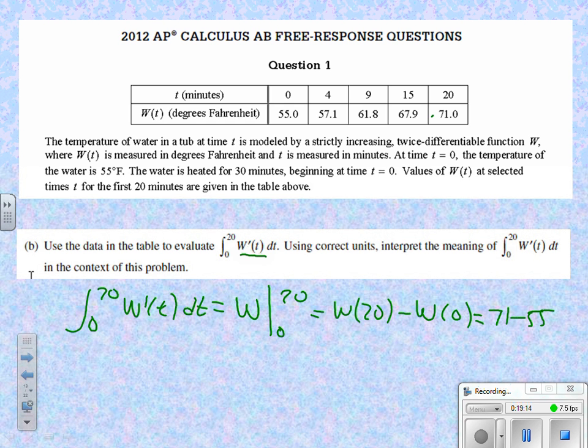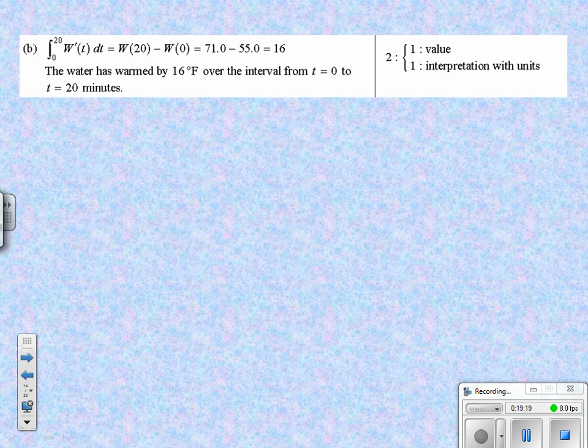That's just part B though. So again, notice they had the numerical value, and then they said the water temperature has changed. That's the meaning of integral, net change, and then 0 to 20, and they gave the units as well.